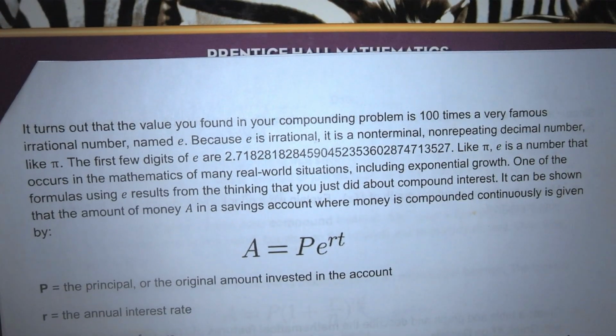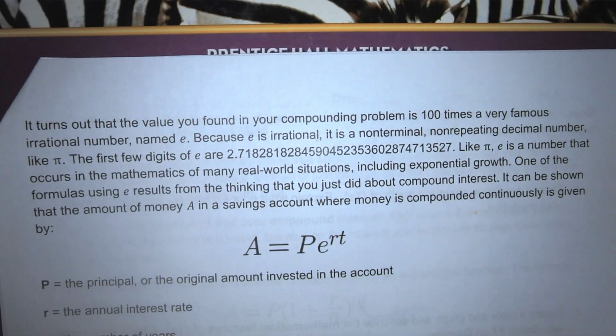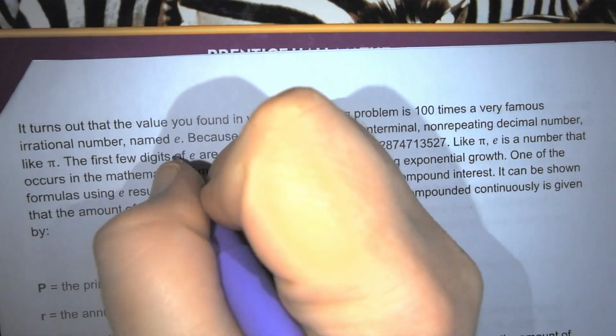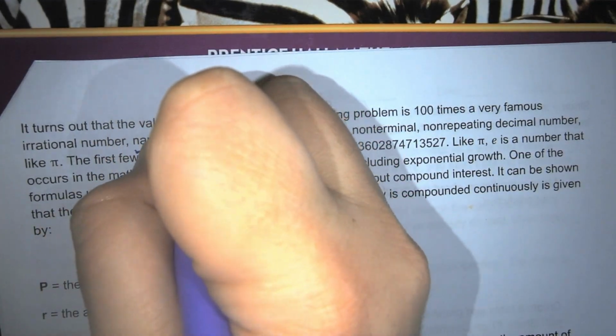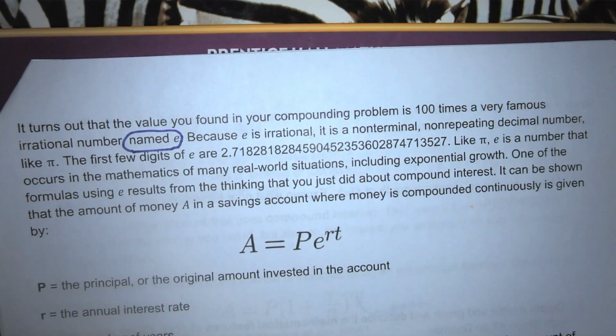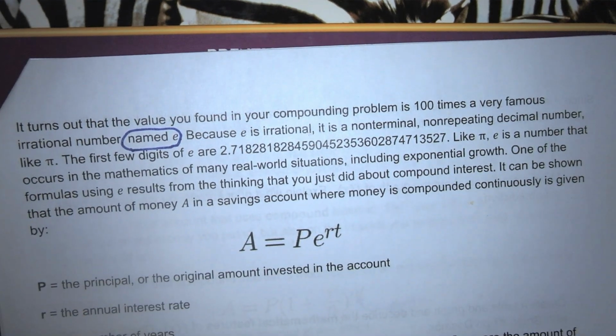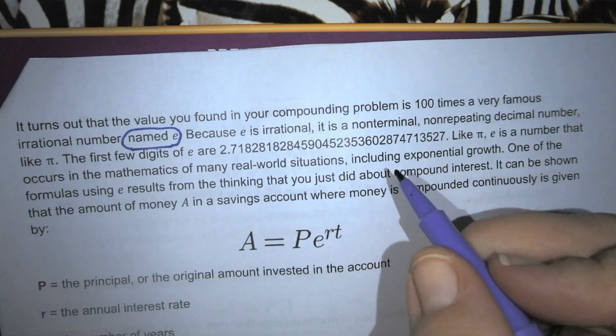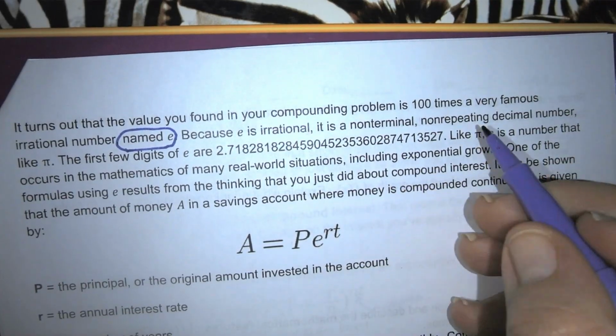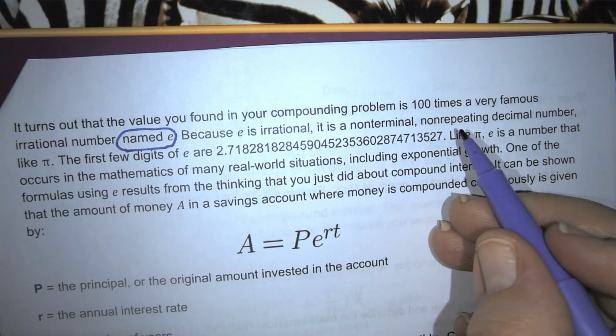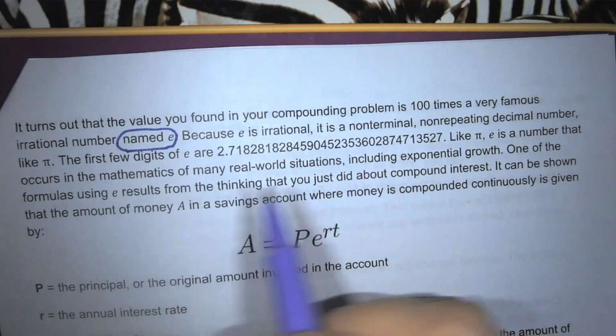So it turns out that the value we actually found in our compounding problem is 100 times a very famous irrational number named e. So here is a new number for you to think about. Because e is irrational, it is a non-terminating, non-repeating decimal number, much like pi.